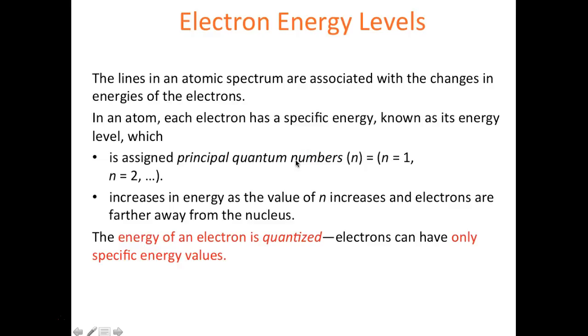All right, quanta being a packet of energy. All right, a certain fixed amount of energy. So when you say that the energy of the electron is quantized, meaning they have a very specific energy value.